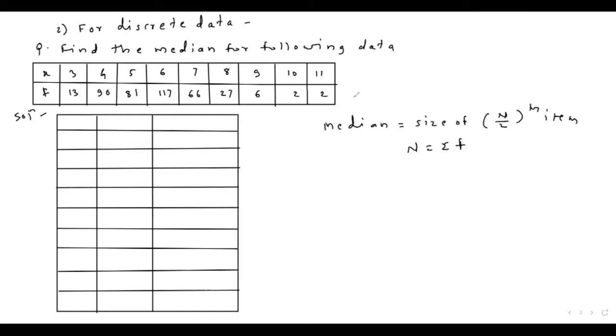So we need to sum up these values. So let me write these values over here. So the values become x, f. So the values of x are 3, 4, 5, 6, 7, 8, then I have 9 and 10. Then the frequencies are 13, 90, 81, then I have 117, 66, 27, 622.